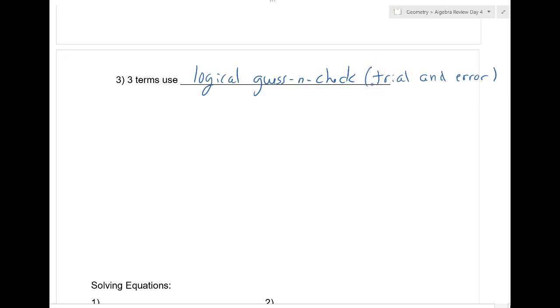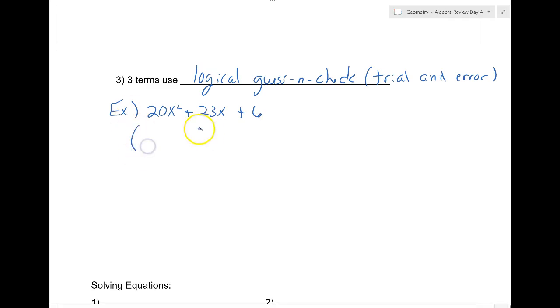All right, now what do we mean by three terms? Well, how about if we had a problem like this? 20x squared plus 23x plus 6. Well, what's the first thing you always check? You always check if it has a greatest common factor. Well, this one doesn't.